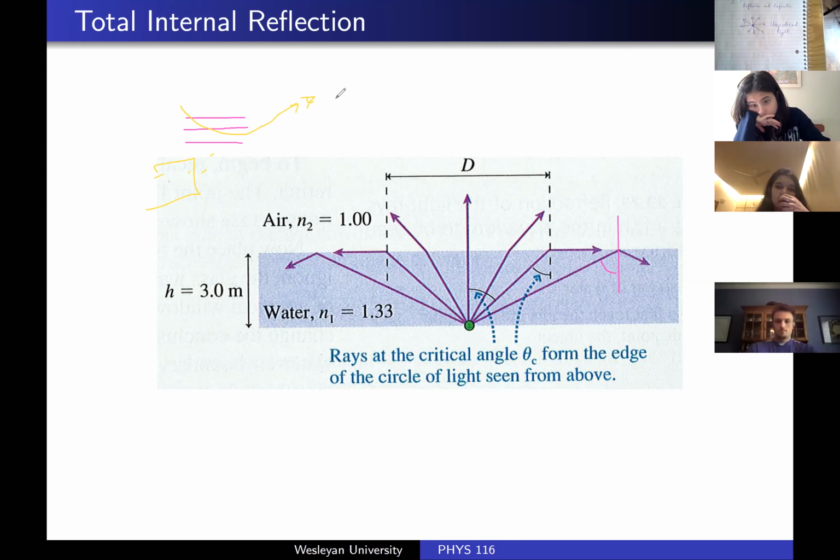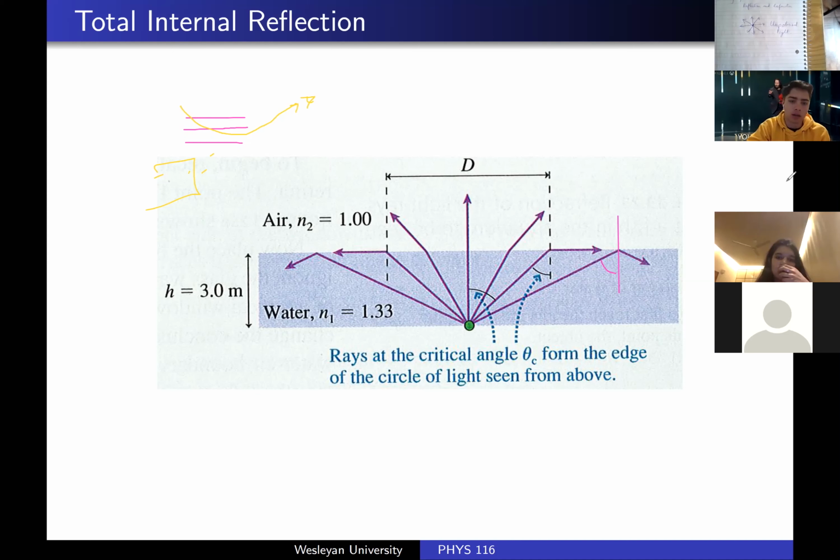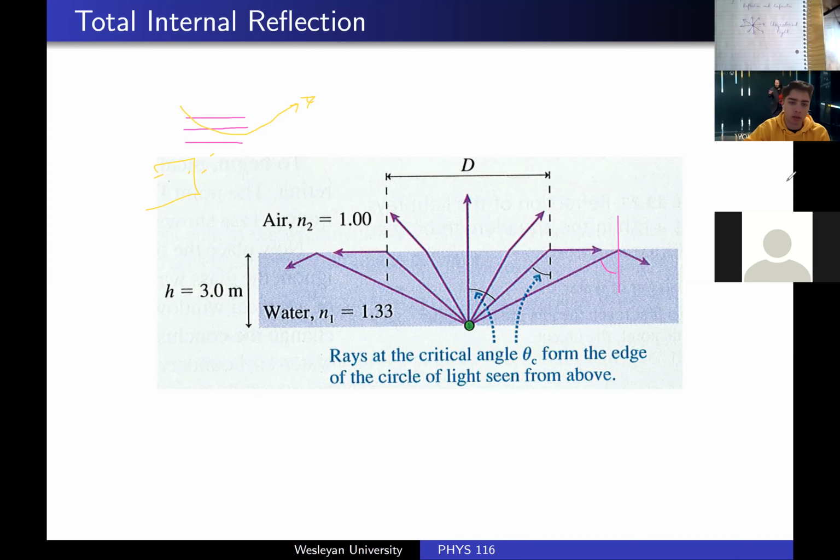Professor, I have a question about the height. If the height of the medium is smaller, then most of the light is going to be completely reflected inside, right? Like on this picture, for example. Oh, I see.